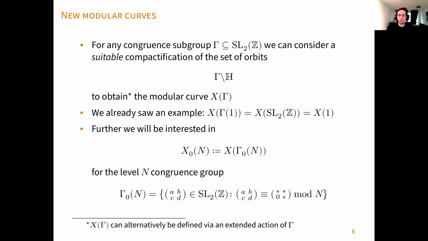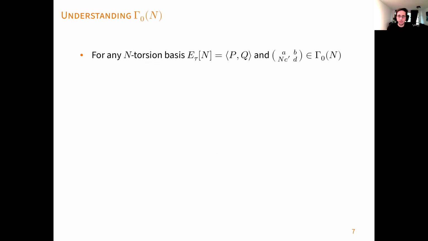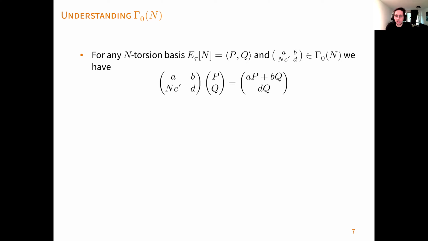And of course, the question is, why are we actually interested in this subgroup, or what does this actually tell us? So let's put some effort into understanding what the subgroup actually does. For this, what we can do is look at an n-torsion basis of our curve E_τ, defined by some τ in the half plane. And let's say this is given by 2 points P and Q. We then take a matrix in this Γ_0(n) and look at what happens when we apply this matrix by a matrix-vector multiplication to this vector (P, Q).